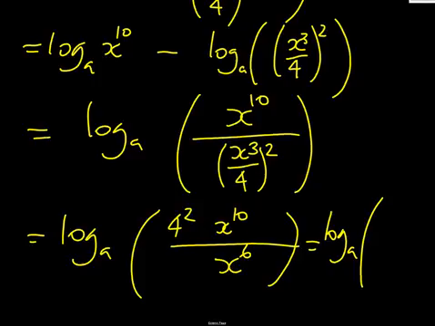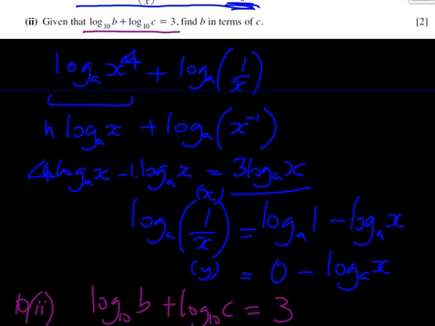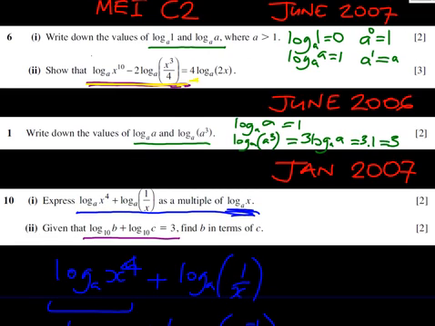We've got log a, we got 4 squared, and we've got x to the 4, and they wanted us to get it into a final form of, they wanted to take a 4 out the front, in the version we're working towards. Let's just check that. Back up the top, it's got a 4 out the front.